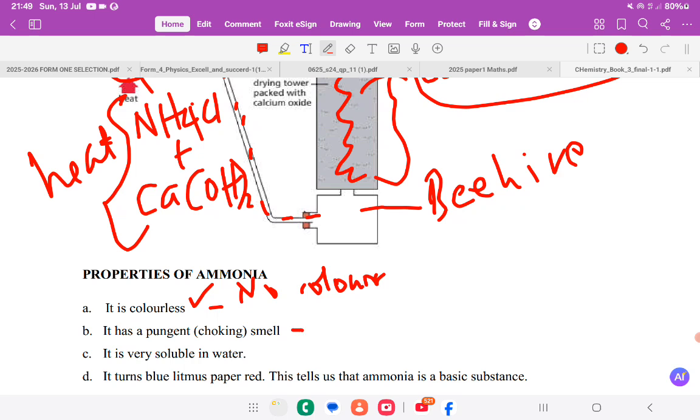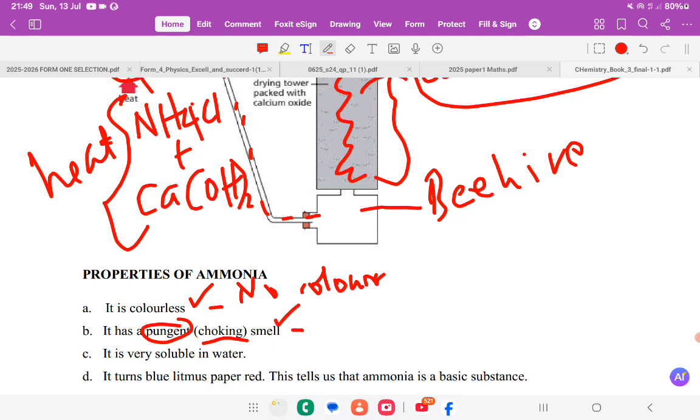It has a pungent smell, very strong, choking smell. You cannot inhale it. If you inhale it, you're going to have a very terrible choke. That's why it is important for you to wear a mask when you are handling a reaction which is producing ammonia. So we are saying it is colorless.